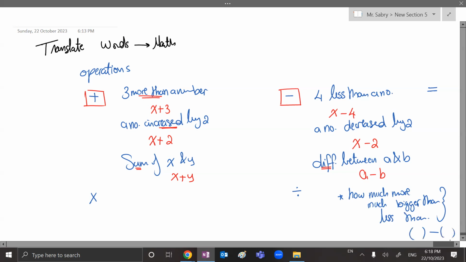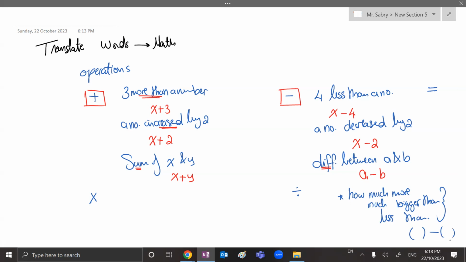So if I said how many more years do I have than you do, for example, or how much more girls are there than boys, you start with the girls minus the boys. So whatever is before the than, minus whatever is after the than. Okay?